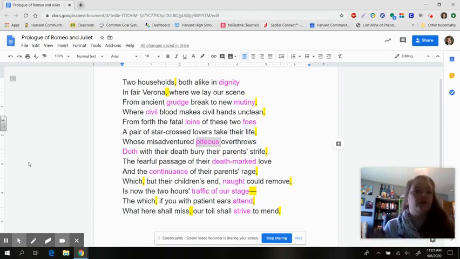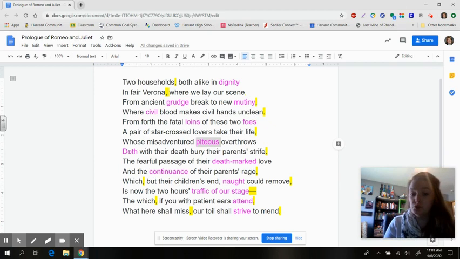Civil means an everyday person, like civilian. Loins are referring to your legs at this point and looking more at reproductive organs, but making it more polite. Foes are enemies. Piteous is meaning something that deserves pity.